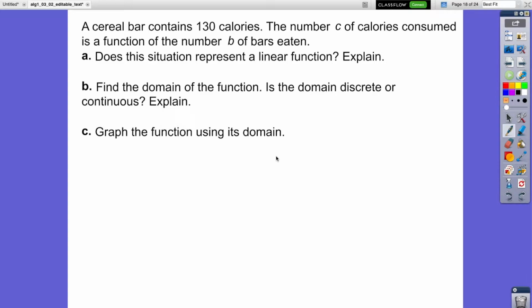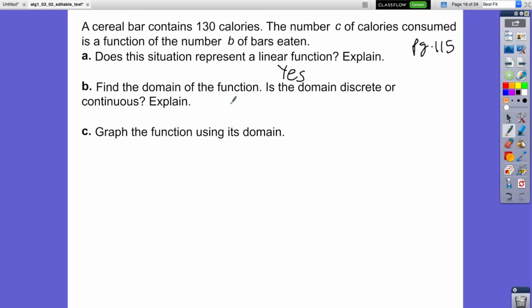Okay, I'm on page 115 in your textbook. A cereal bar contains 130 calories. The number of calories C consumed is a function of the number of bars B eaten. Does this situation represent a linear function? Yes or no? Yes, it does. Find the domain.